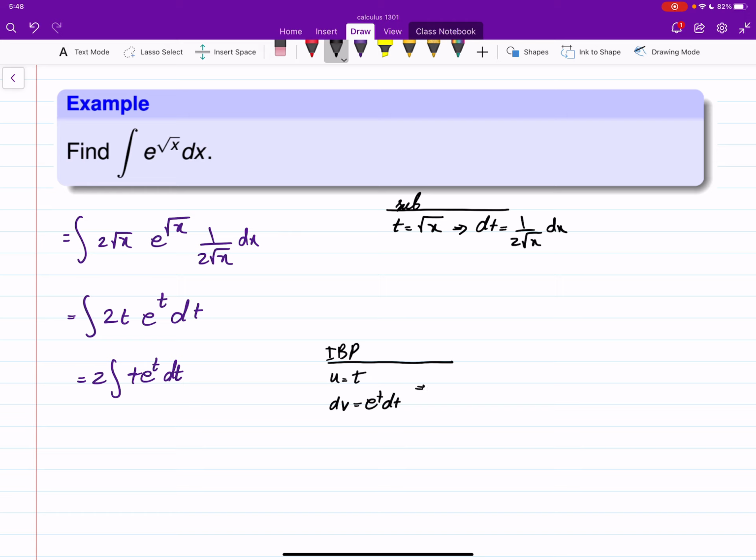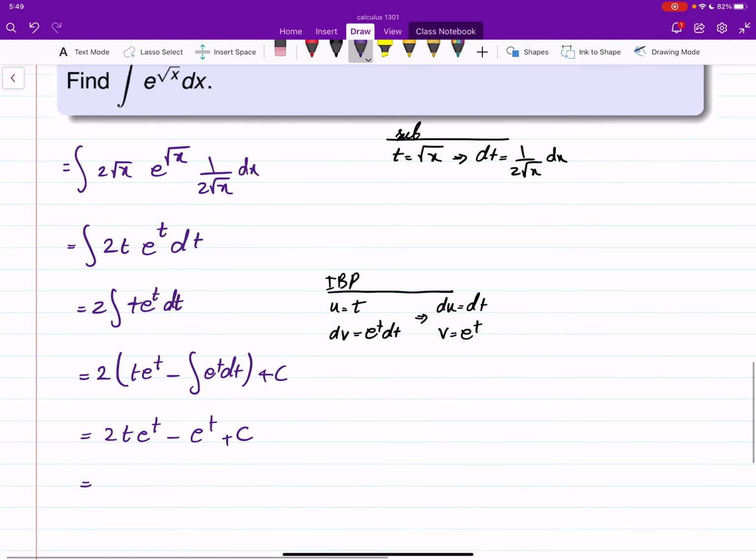Then from there we have du as just dt itself, and v is going to be e to the t. So this is 2 times (uv minus the integral of v du) plus c. So this is 2(t e^t minus e^t), since the integral of e^t is e^t, plus c.